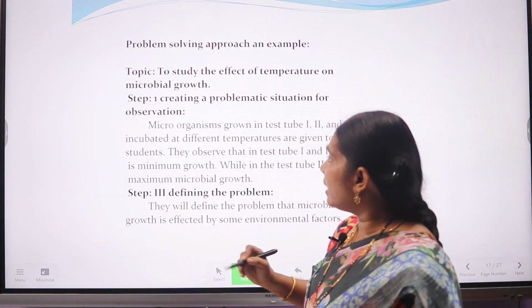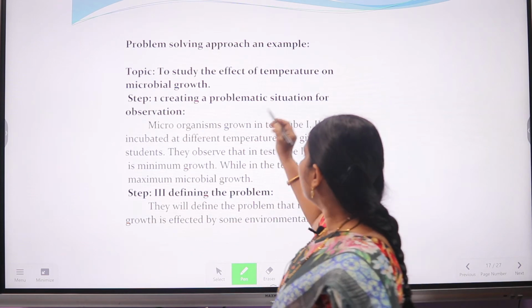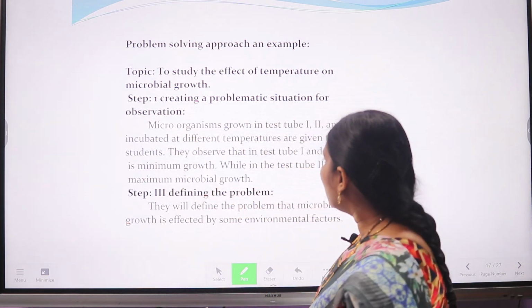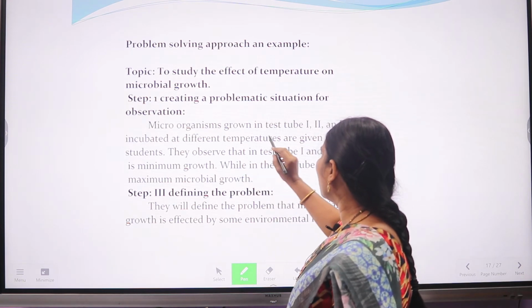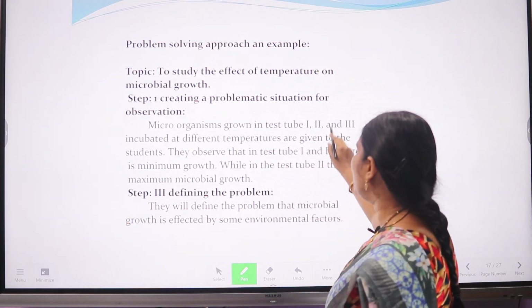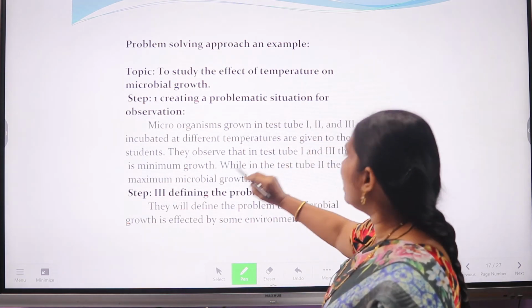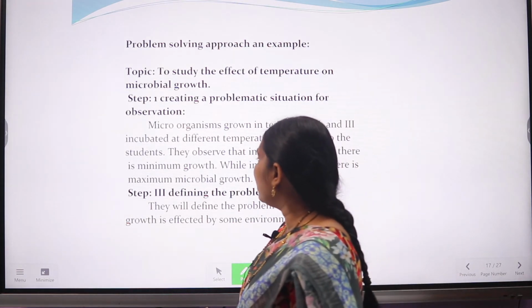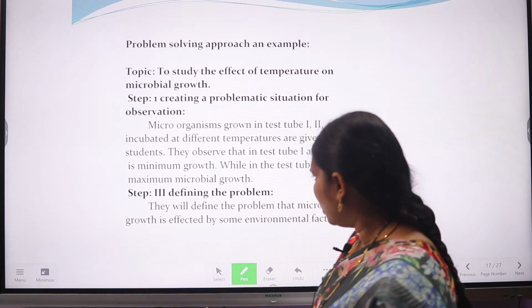So here, the first step is creating a problematic situation for observation. Here I take the microorganisms grown in test tubes 1, 2 and 3, incubated at different temperatures, and these are given to my students.